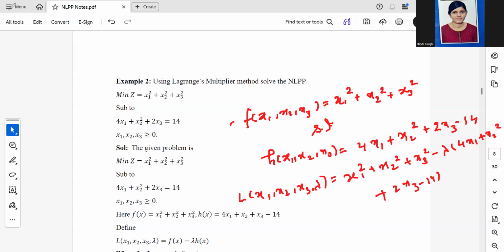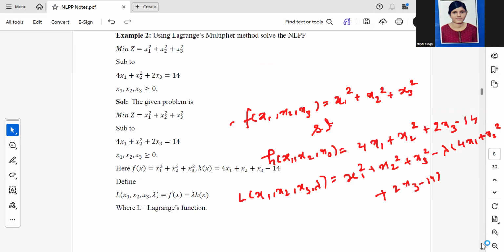To find the necessary conditions, we find the partial derivatives of L with respect to x1, x2, x3 and then lambda. From here we obtain four equations.